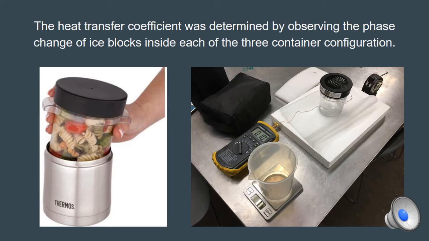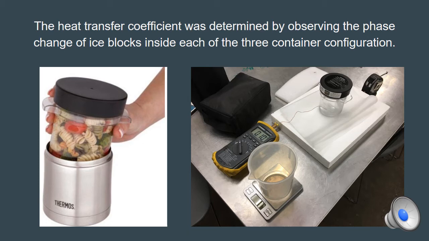To produce the desired experimental data, blocks of ice were frozen inside the thermos container as well as the removable plastic container. The blocks of ice were tested inside the thermos container, the removable plastic container, as well as both containers together. Data was collected from multiple tests using all container configurations: the clear plastic liner and the stainless steel shell by themselves, and the liner inside of the outer shell.